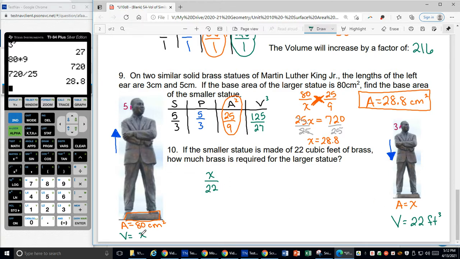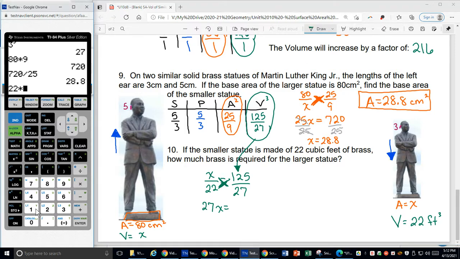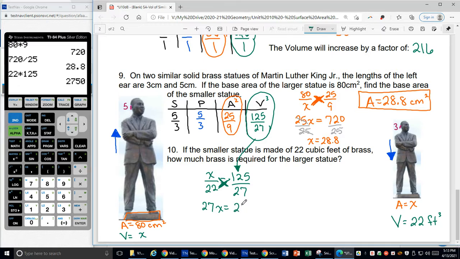My up arrow volume, my down arrow volume is going to reduce to, we've already made the SPAV table for this problem. We don't have to make it again. That would be silly, a waste of writing. It's going to reduce to 125 over 27. Then I'm going to cross multiply. 27x equals 22 times 125. 22 times 125 is 2,750.